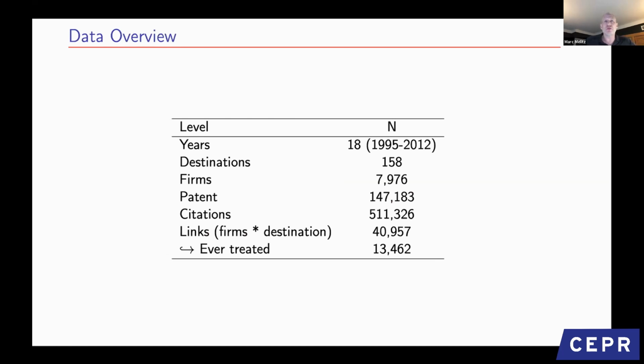So I already described the number of years of data that we have. Here are the number of destinations that these French firms are entering into. Here are the firms. So these are firms that have at least one patent that can be cited somewhere. And it has to be a firm that enters at least one export destination during the period of our sample.